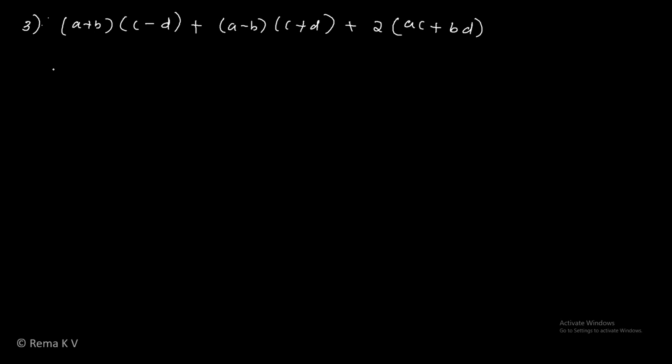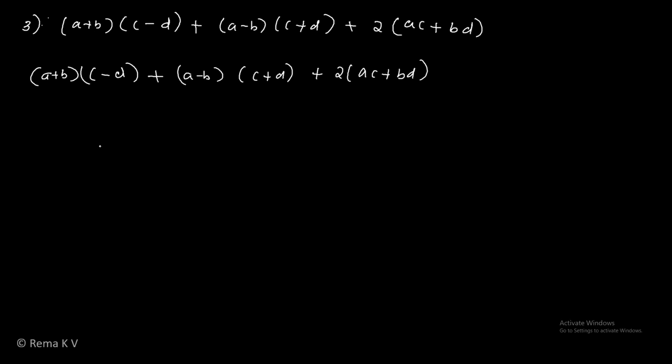So this is the third question. So it is (a + b)(c − d) + (a − b)(c + d) + 2(ac + bd).